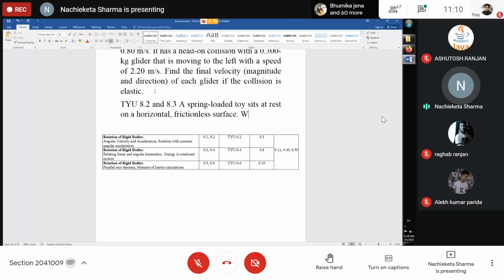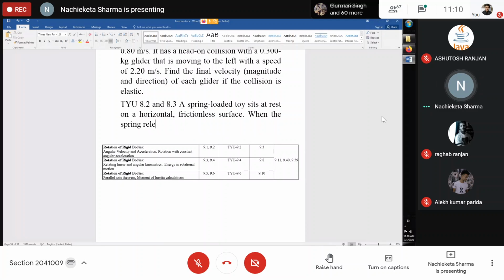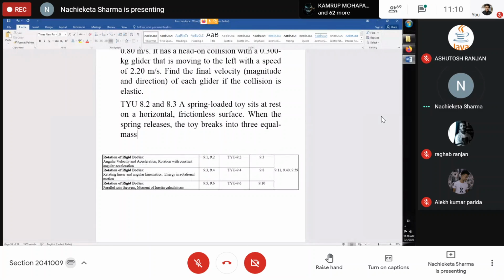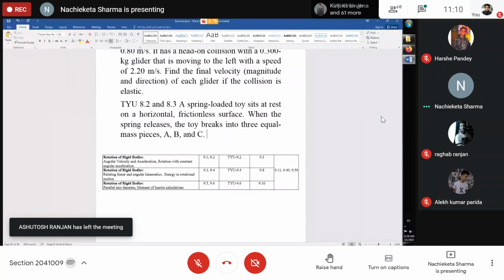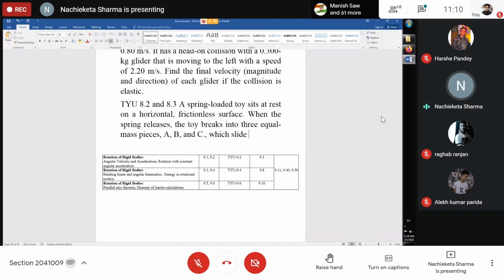When the spring releases, the toy breaks into three equal mass pieces A, B, and C, which slide along the surface.